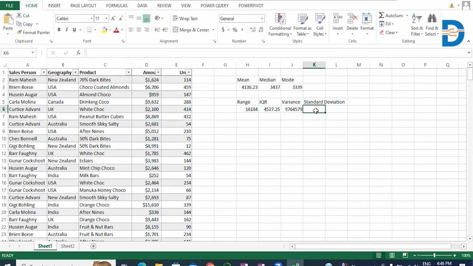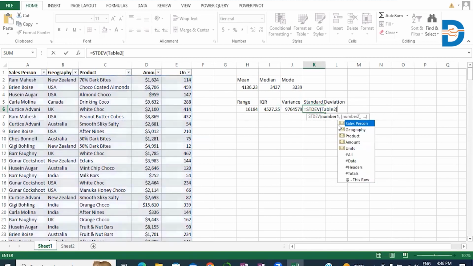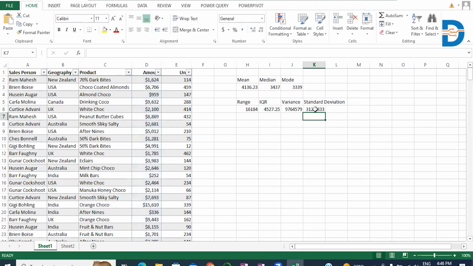How can we calculate the standard deviation? There is a function, STDEV, to calculate standard deviation. Pass the data to this function. Then you will get the standard deviation value. This value is nothing but the square root of the variance value.